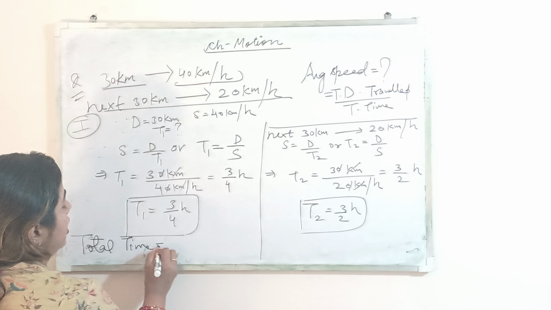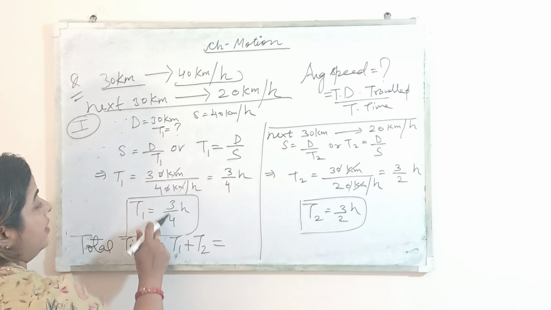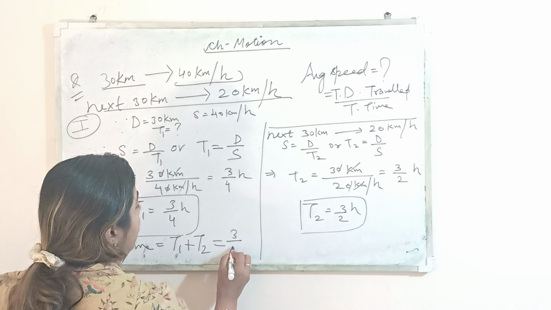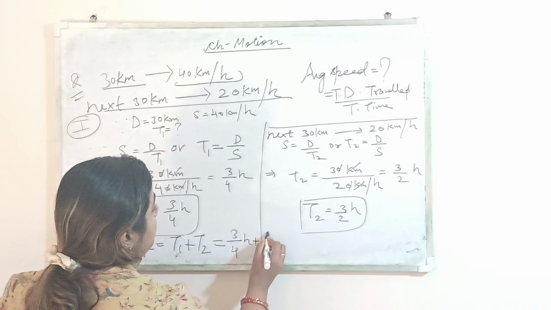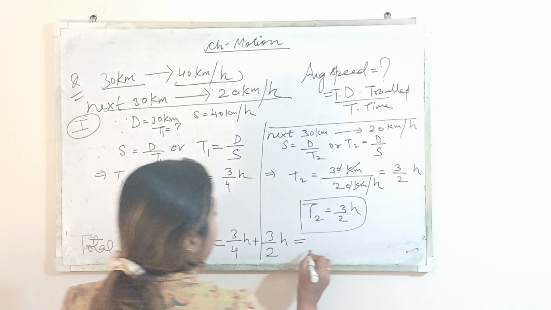Total time is equal to t1 plus t2. What is the value of t1? 3 by 4 hour plus 3 by 2 hour. What will be the answer?